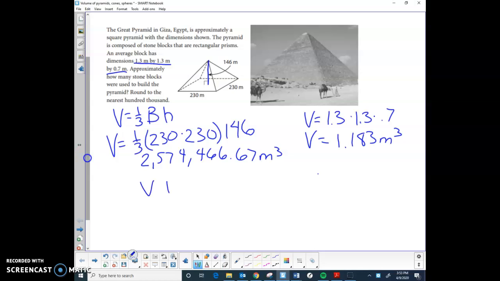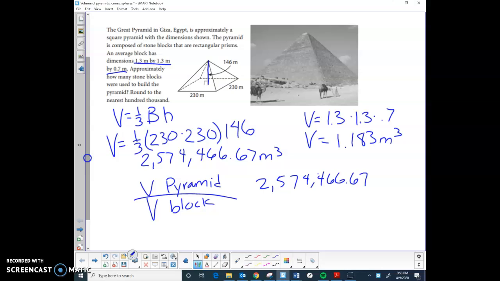So to find how many stone blocks it took to build that, we are going to take the volume of our pyramid divided by the volume of our block. So we're going to take this 2.5 million, divide it by 1.183, and this will yield approximately 2.2 million blocks.